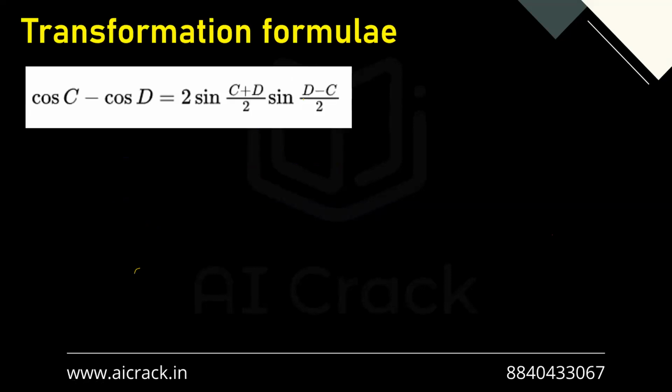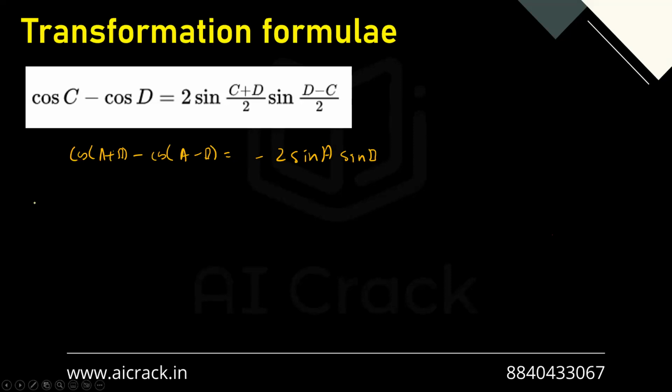The most important one is the last one. So we have cos C minus cos D over here. Our basic setup was cos of (A plus B) minus cos of (A minus B), and that was minus 2 sine A sine B. Remember that we had a minus sign over here, and this was the only case we had a minus sign, right? We didn't have any other case where we had a minus sign, and this was a special case.